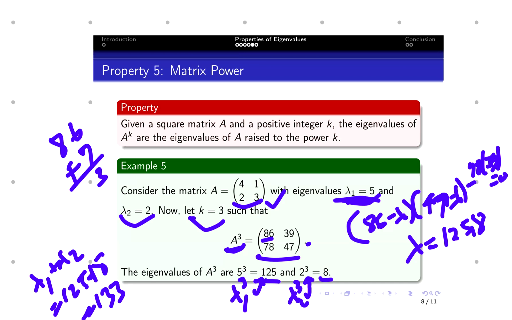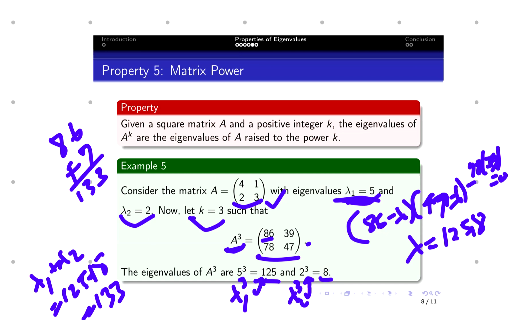So the trace is correct. If you also multiply the two, 125 times 8, you get 1000. If you do 86 times 47 minus 78 times 39, you're also going to get the same 1000. So even with the trace alone, you can make your conclusion that the answer is correct. Okay, so that also works.